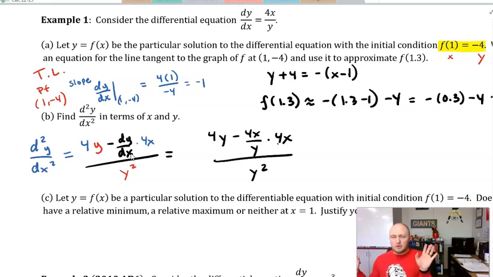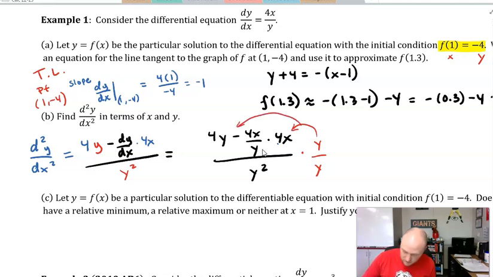Now that's fine. I would advise my students to stop there, especially if this is a FRQ and you have to find the second derivative. But if this is multiple choice and you need to simplify, you may see it in a form where they get rid of this y right here. They just multiply everything by y over y. What that does is this y, when we distribute, don't forget you have to distribute to each term, cancels.